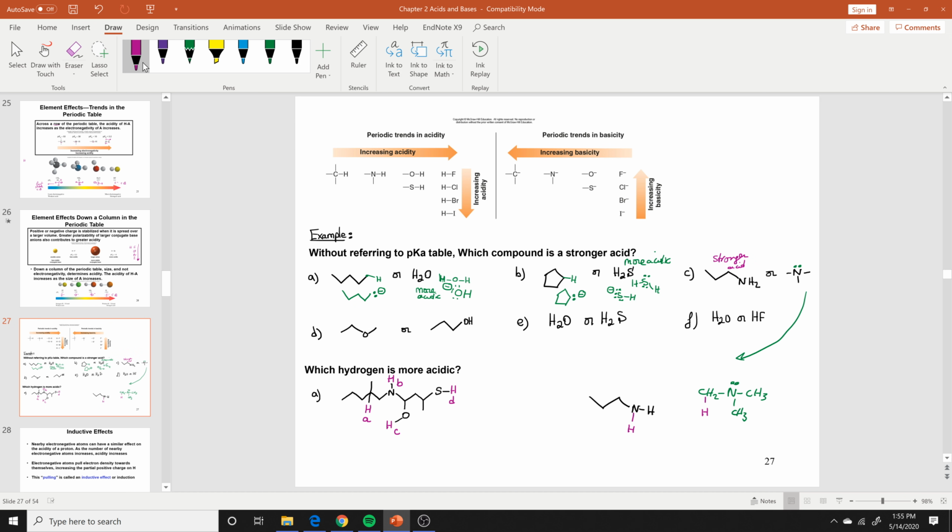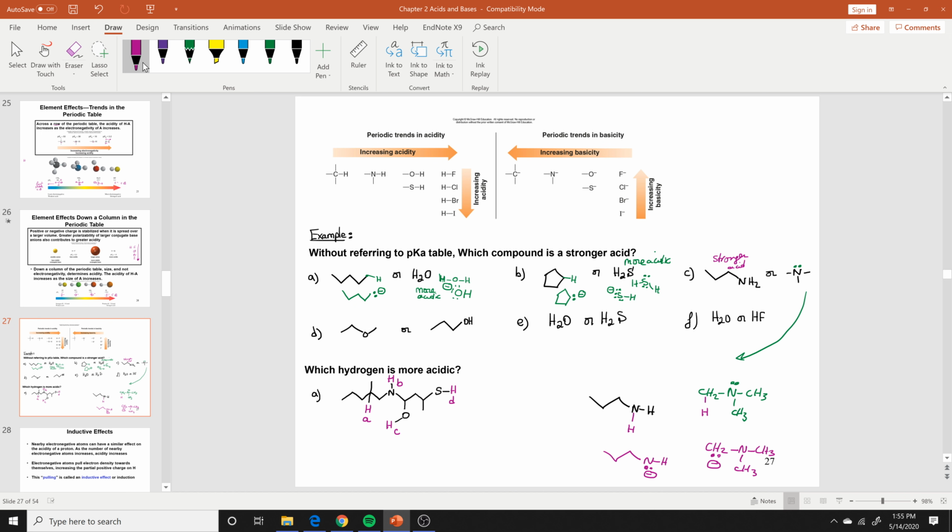Or you can change this into its conjugate base, whatever you want. And then the negative charge has to be on the more electronegative element to be stable. So the conjugate base here is more stable. It makes the acid stronger. So this is why this is stronger there.